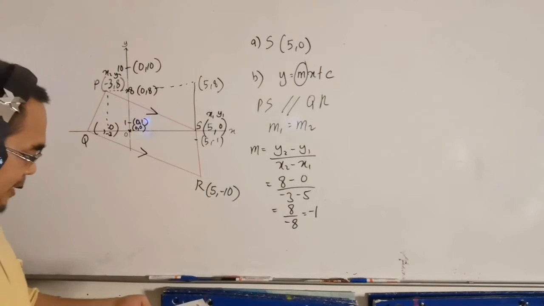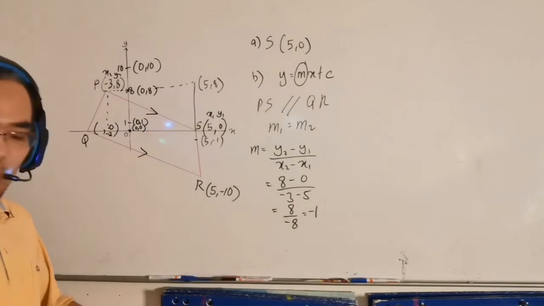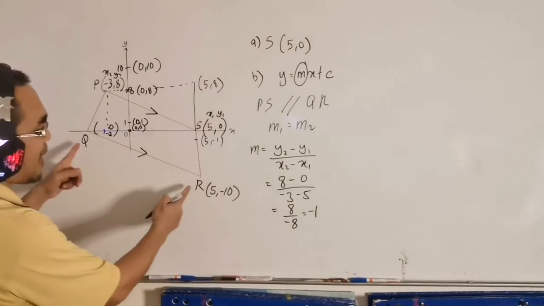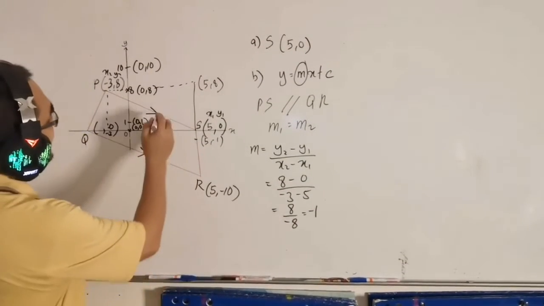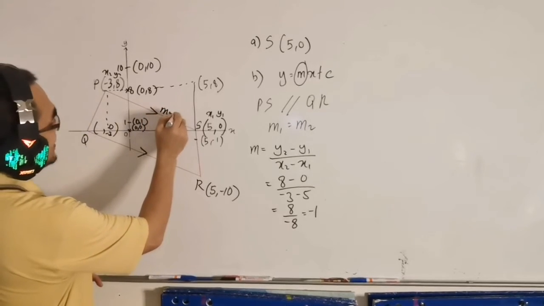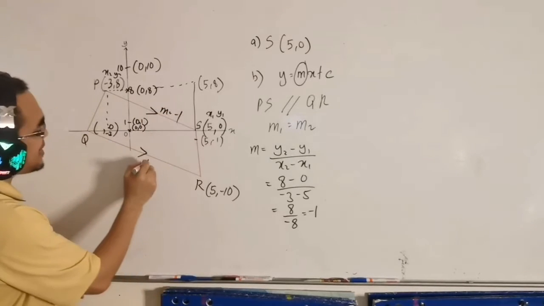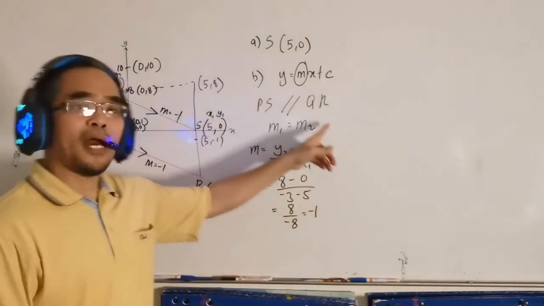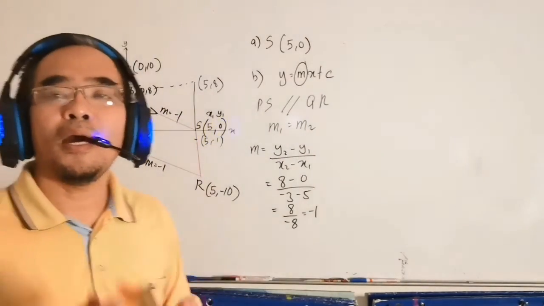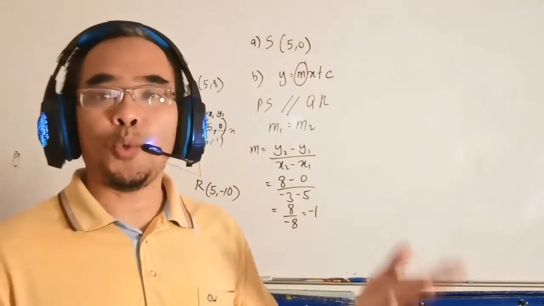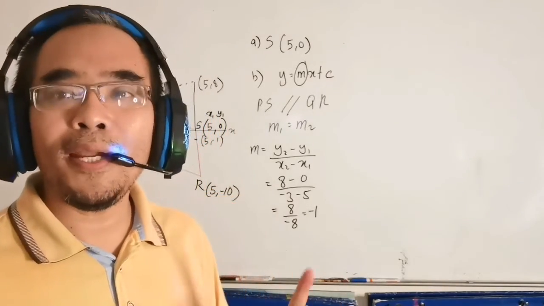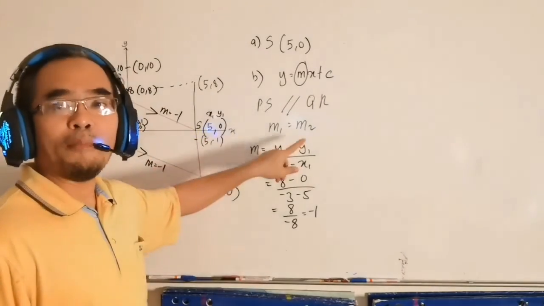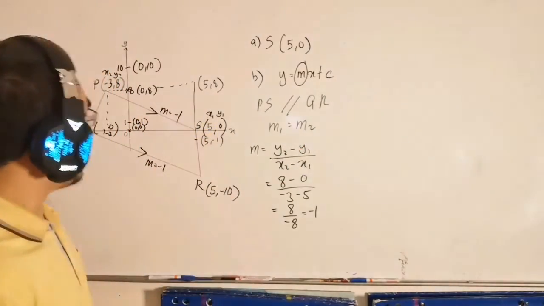The question is asking for the equation of the straight line QR. The gradient here is negative 1. If two lines are parallel, do they have the same equation? No, only the same gradient. That is m1 equals m2, not the equation.